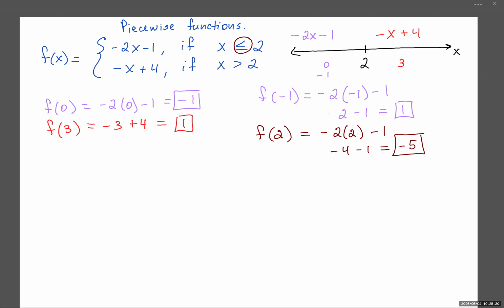All right, let's try a different function. Let me go ahead and clear this one. Let's try this one. g of x equals 1/4 x minus 5 if x is not equal to negative 2, and then negative 3 if x does equal negative 2.